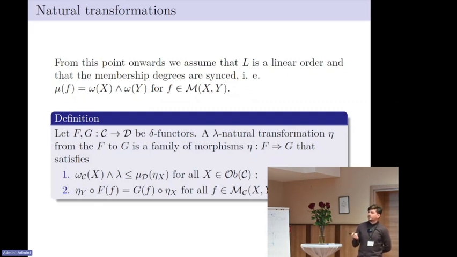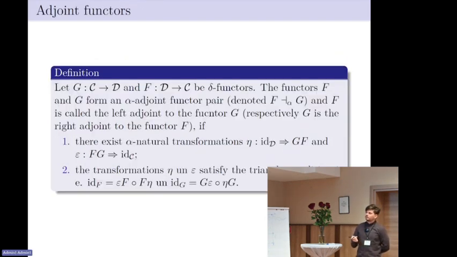So we ask that each component of the natural transformation respects the membership degree up to lambda in this case. And once we have natural transformations, we can define what we mean by alpha adjoint functors. So two functors form an alpha adjoint functor pair if there exist alpha natural transformations, which we know as the unit and co-unit.